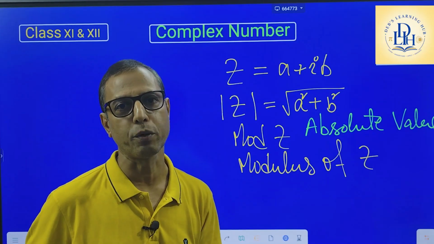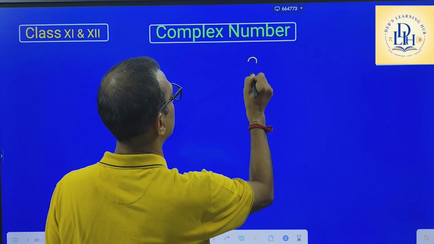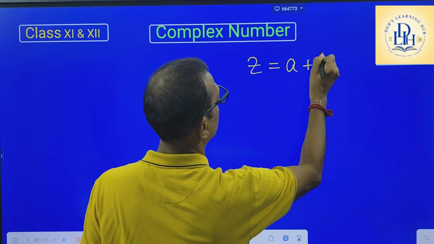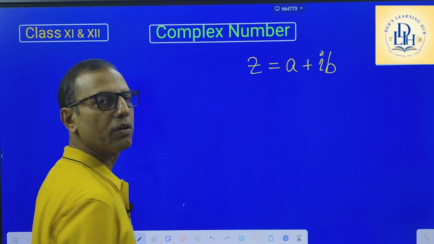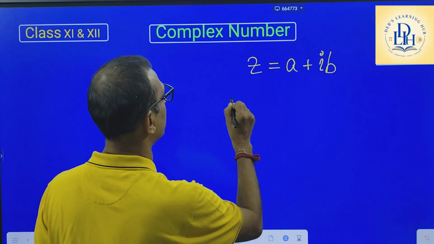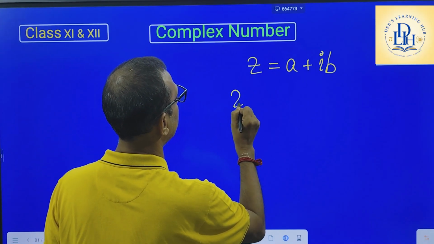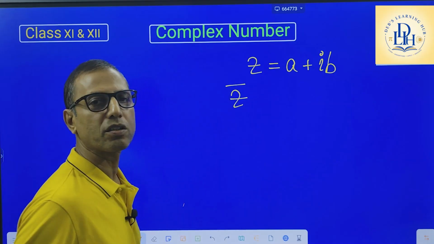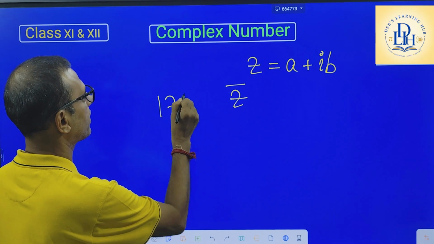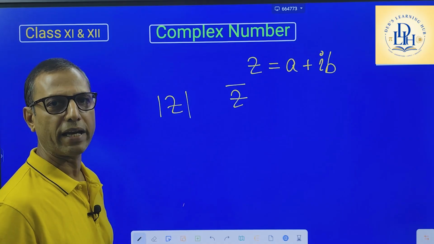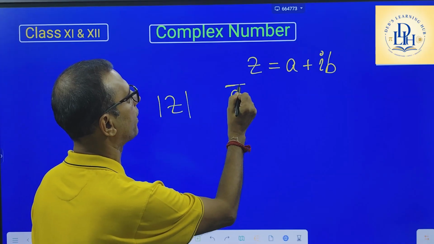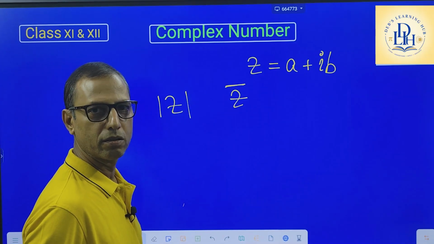Now it is the conjugate number. Now how to represent or calculate the conjugate number? Conjugate number is represented with a horizontal bar. So for modulus of z we represent it with vertical bars on both sides, and the conjugate of a complex number is represented by a horizontal bar, right?